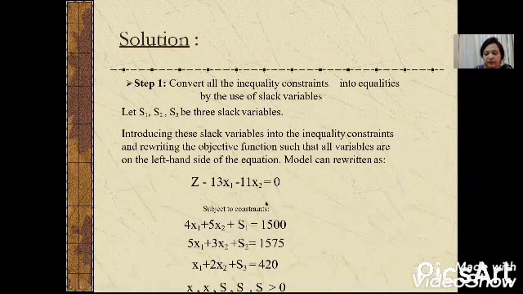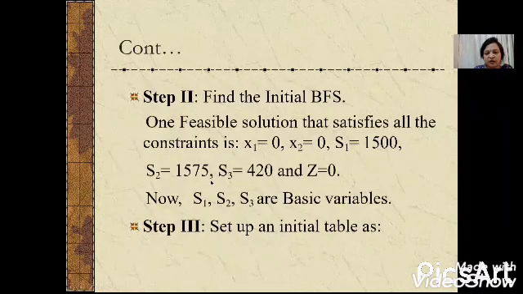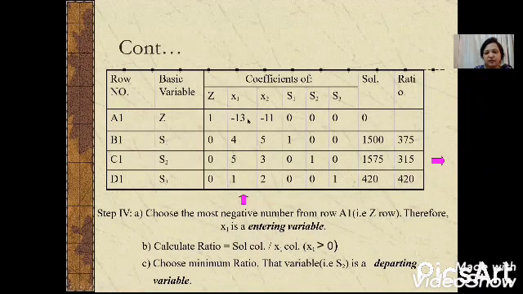So corresponding to this equation, we have the first row as this one. In the second row, we have z equal to 0 because x1, x2 are 0 here.